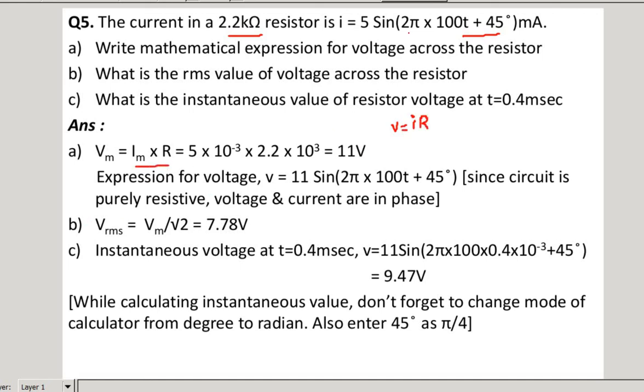Im is, from the question, 5 into 10 raised to minus 3, so Im is 5 milliampere and R is given as 2.2 into 10 raised to 3. So, Vm, the maximum value of voltage, is equal to 11 volt. And what is the expression for voltage?